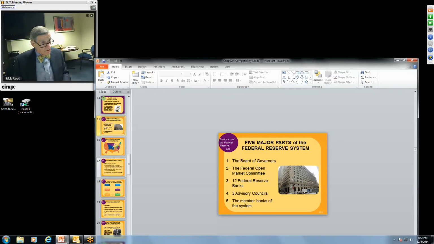There's a board of governors, the Federal Open Market Committee, and 12 Federal Reserve banks. By the way, I'll show that listing to you on a slide, and you can see it on page 558 in the text. There are also 3 advisory councils, and then the member banks of the system.